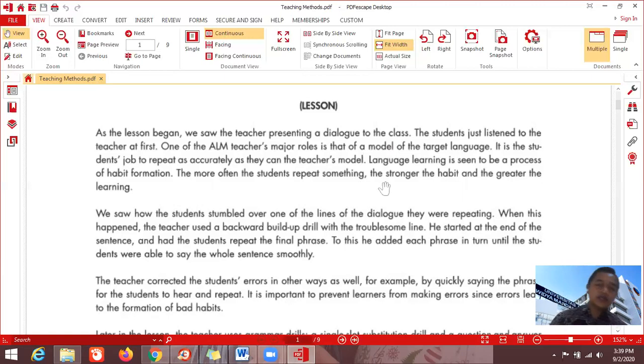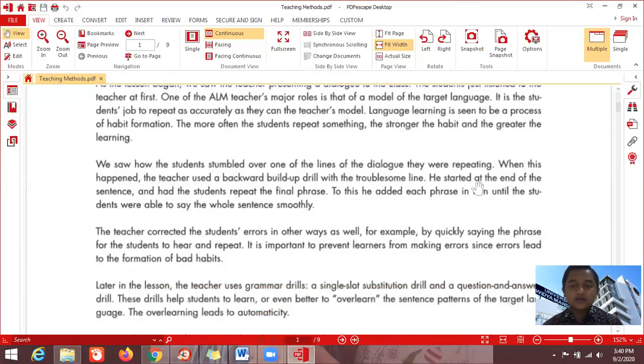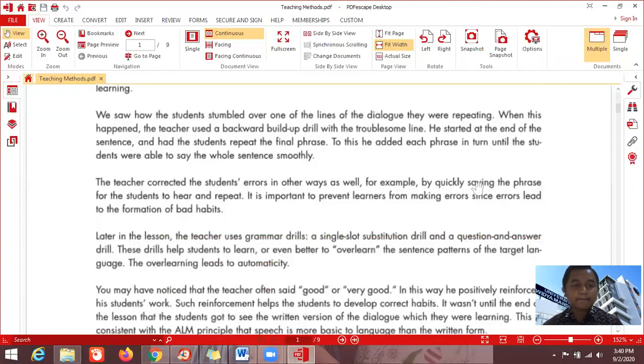So one of your techniques is to repeat again and again the words that you want them to learn. The more often the students repeat something, the stronger the habit and the greater the learning. I think this happens very much when you learn things when you're much younger, right?